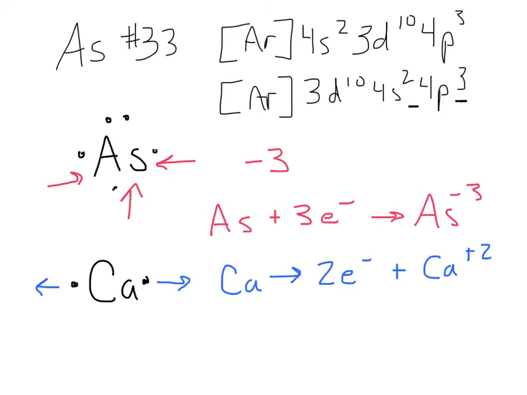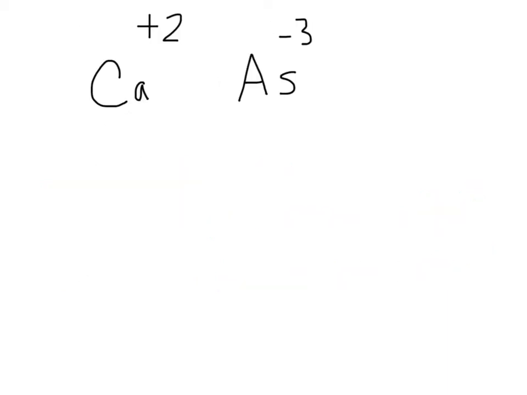Now, we can try and put these 2 together, calcium and arsenic, into a compound. And to do that, we want to be able to add these 2 charges together and get a 0 overall charge. We can take and times each of these by a number. Well, if I look at that, 2 and 3 has a common factor of 6.